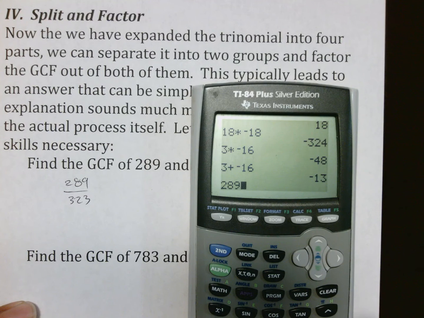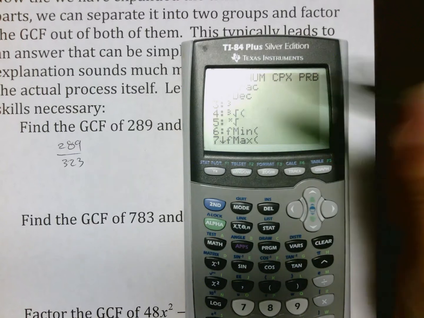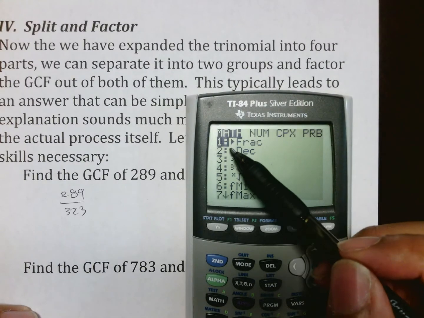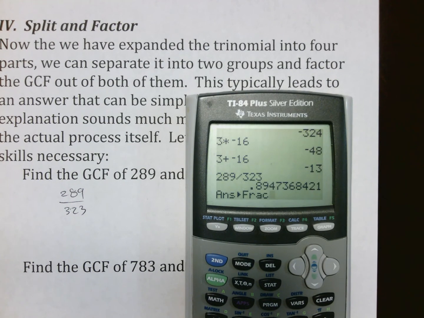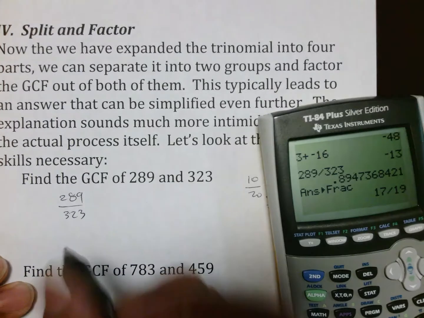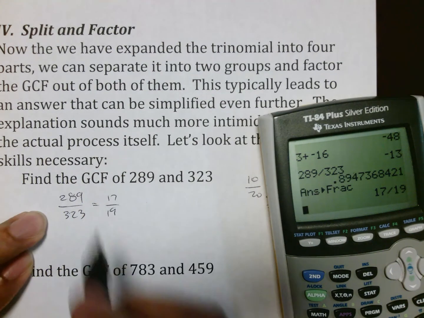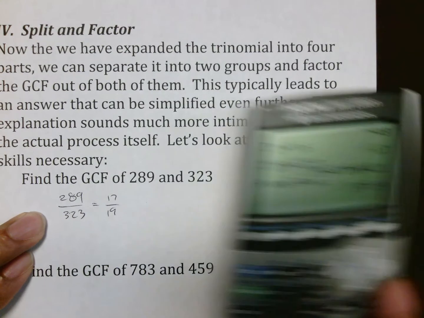289 divided by 323 equals, of course, a decimal. If you hit the math button, you'll see a conversion arrow that says arrow frac. Hit enter, and then hit enter again, and you'll see that it turns into 17 over 19. All you have to do is either 289 divided by 17 or 323 divided by 19.